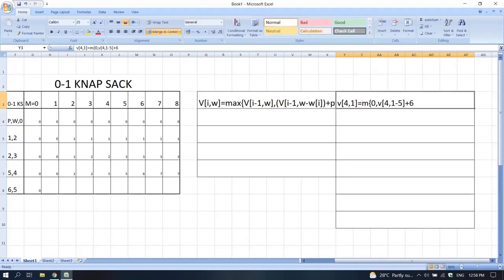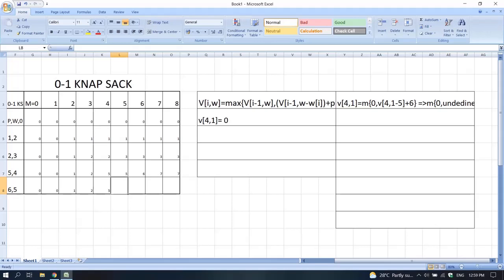This is undefined, because max of 0 and undefined is 0. So we will put 0 here. Now V[4, 1] is equal to 0. As you can see, there is minus 5 over there, so till the 4th index it is going to be 0, the previous value.